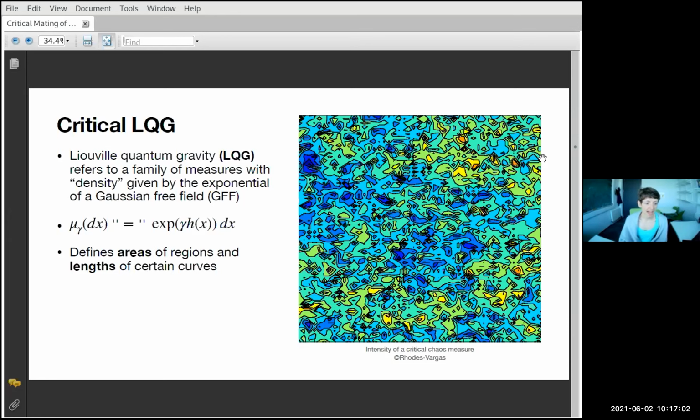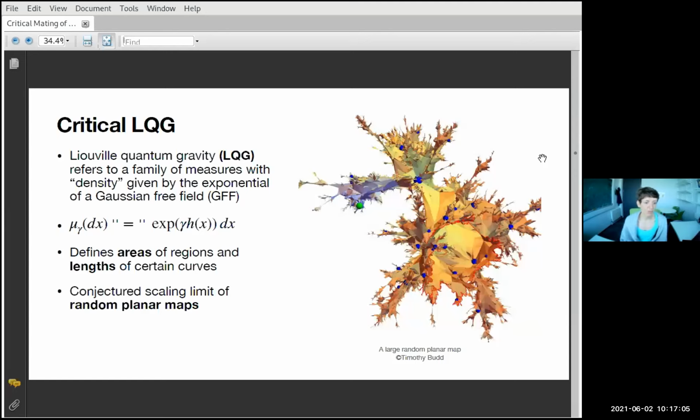There are many reasons why this is important, and we've seen it pop up already in the conference. One particular reason why people are interested in these measures is because they're conjectured to be related to the scaling limits of random planar maps. I won't say anything really about what random planar maps are, but essentially they are probabilistic objects obtained by gluing together huge numbers of polygonal faces according to some weighting.